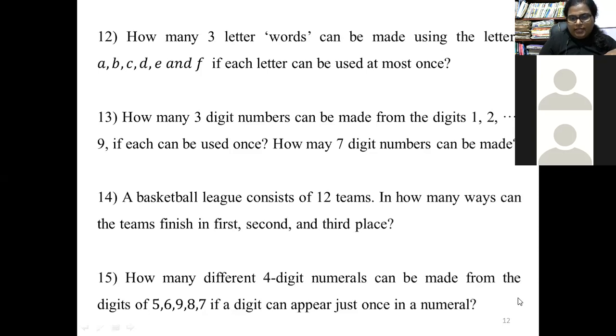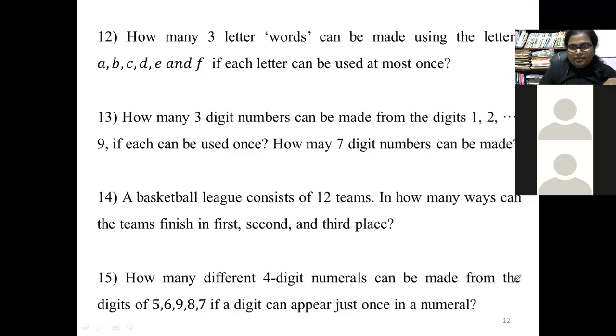When you're doing this in your statistics subject, you can get the points very well.